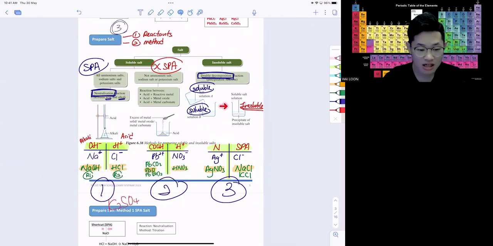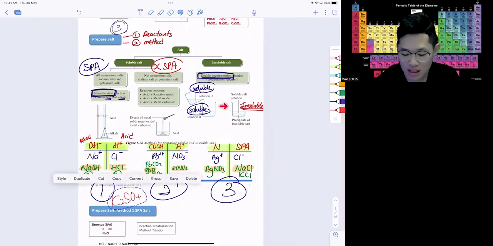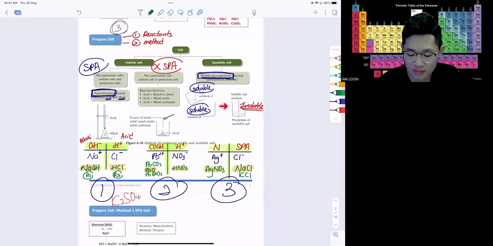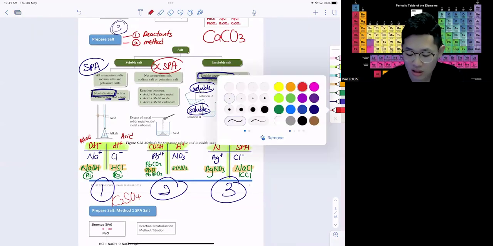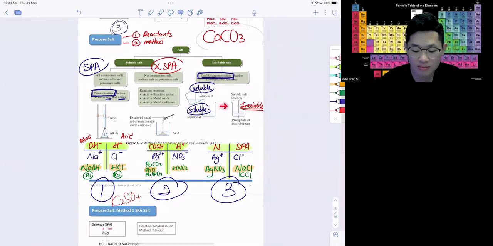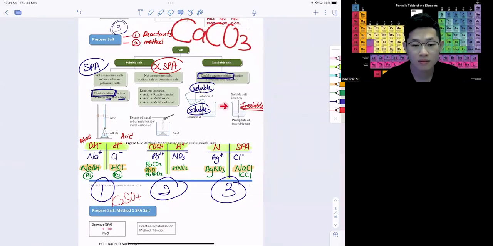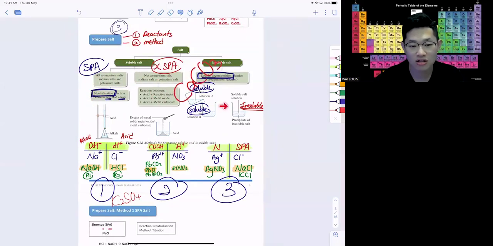Then if I want to make calcium carbonate, first, second, or third? Okay, yeah, calcium carbonate is insoluble, very good.